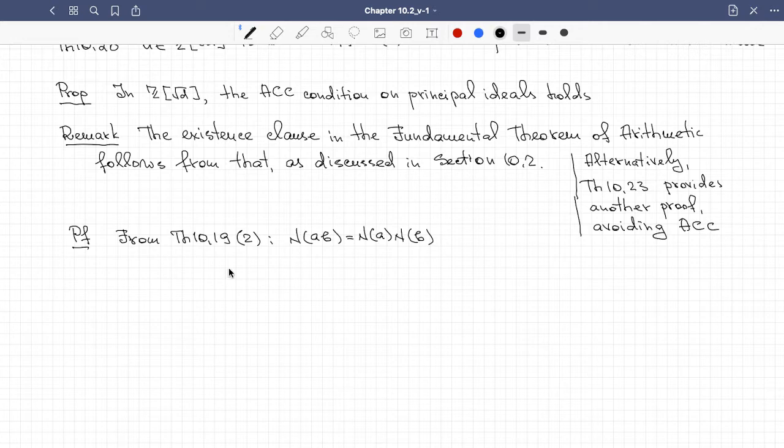That implies that the absolute value of the norm of a product is bigger or equal to the absolute value of the norm of any factor.